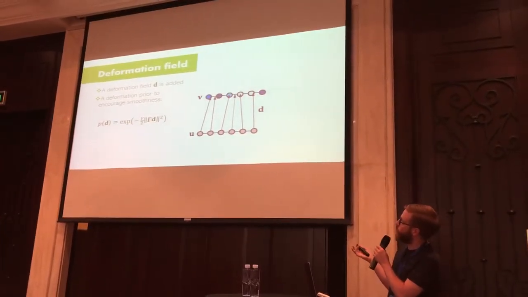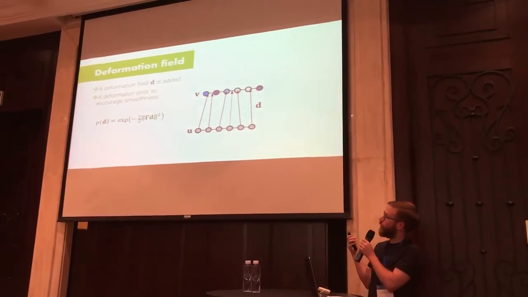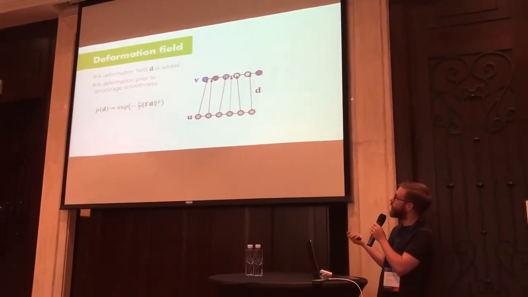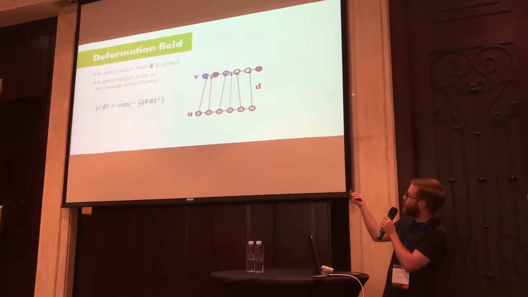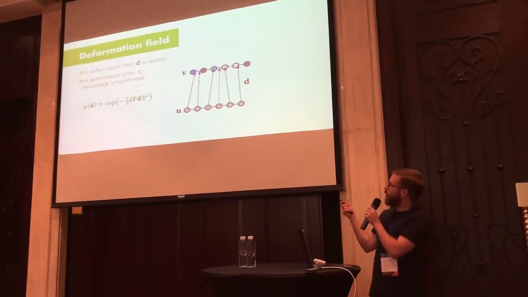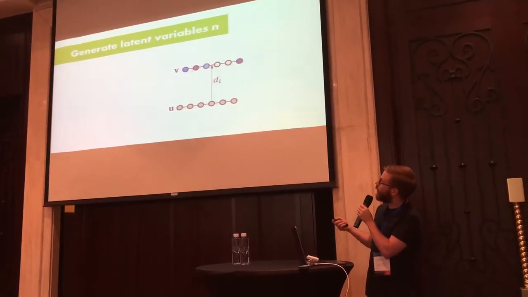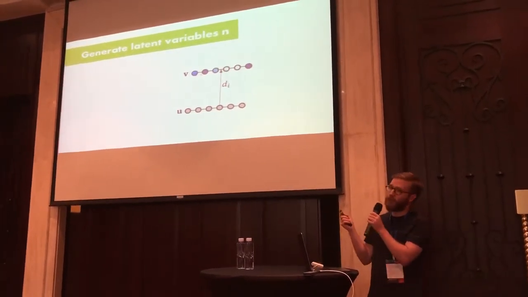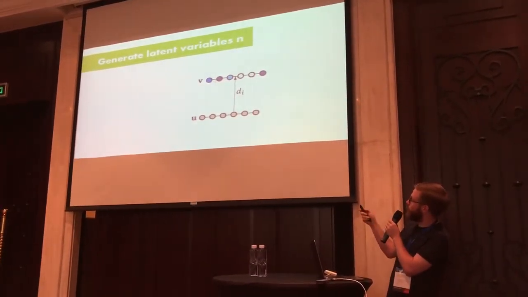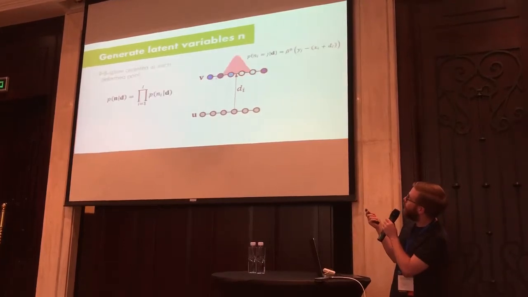So let's start with the deformation field. We have a deformation prior just to encourage smoothness. And here we have generated a deformation field from this prior. Then let's focus just on one voxel with a deformation vector here.